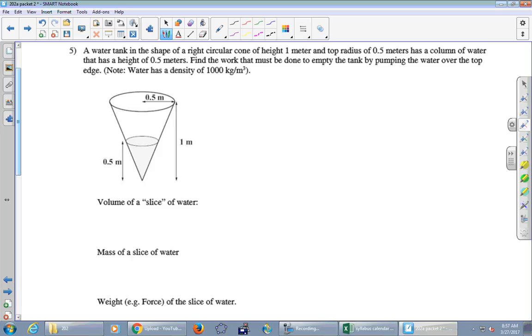Horizontally. And so go ahead and draw yourself a horizontal slice. And let's give a name to this thickness here. How about we call it delta H again?